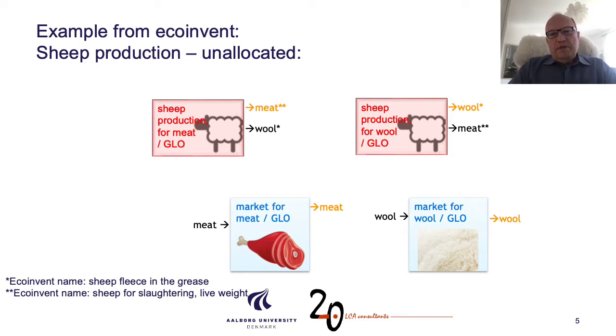And the sheep that produces wool also will have some output of meat. But these are still two very different kinds of production, one optimized for meat and one optimized for wool. We also have two markets on which we are selling the meat and the wool. The ecoinvent names for meat and wool are a bit more elaborate than we are using here.